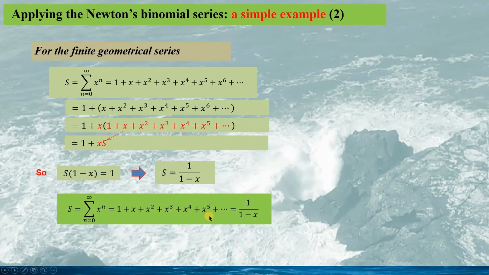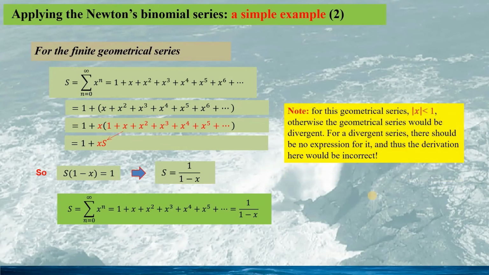So this geometric series is given by this expression, or we say this binomial function can be expanded into an infinite series as this. It should be noted, for this geometric series, we should limit x, that is, the absolute value of x is smaller than 1. Otherwise, the geometric series would be divergent.